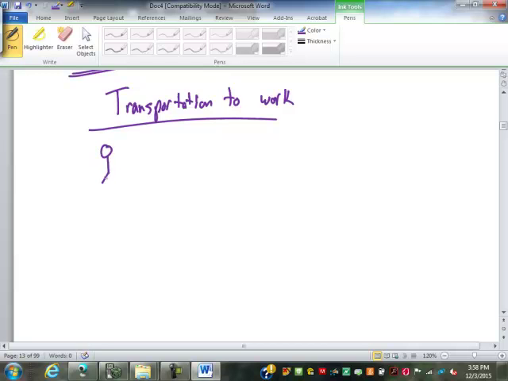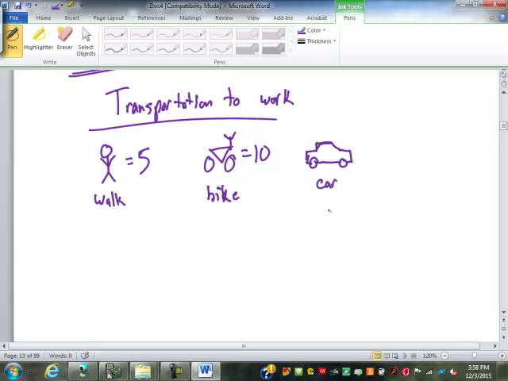And let's say the responses we get are walking, riding a bike, driving a car, a van, public transportation, a bus.